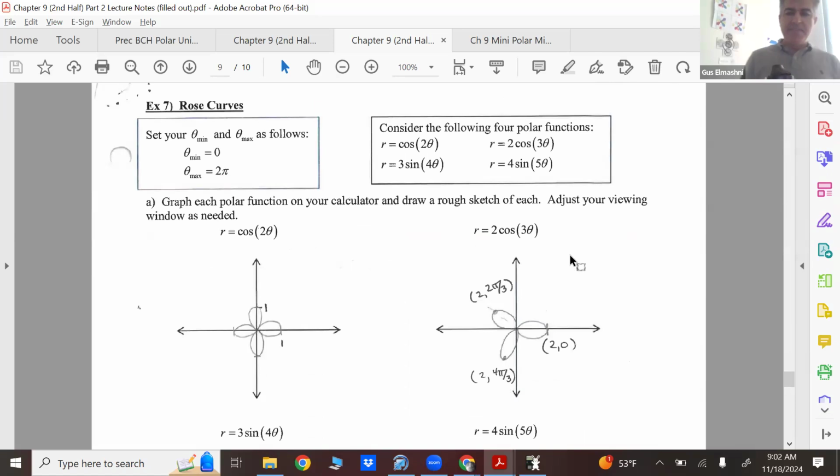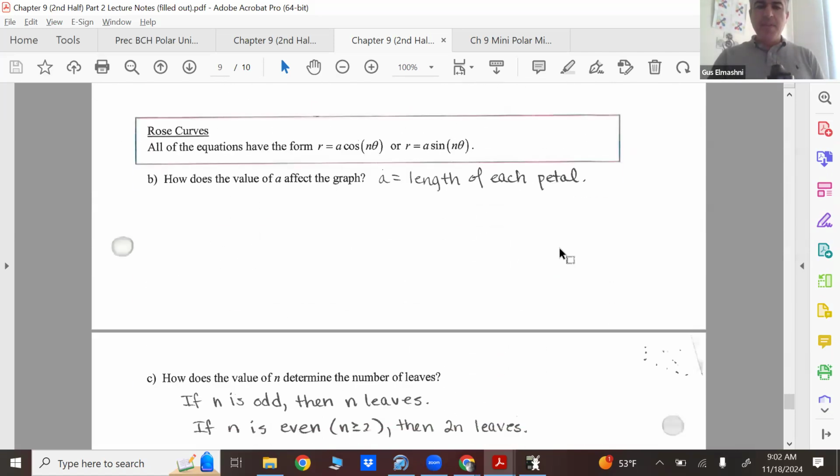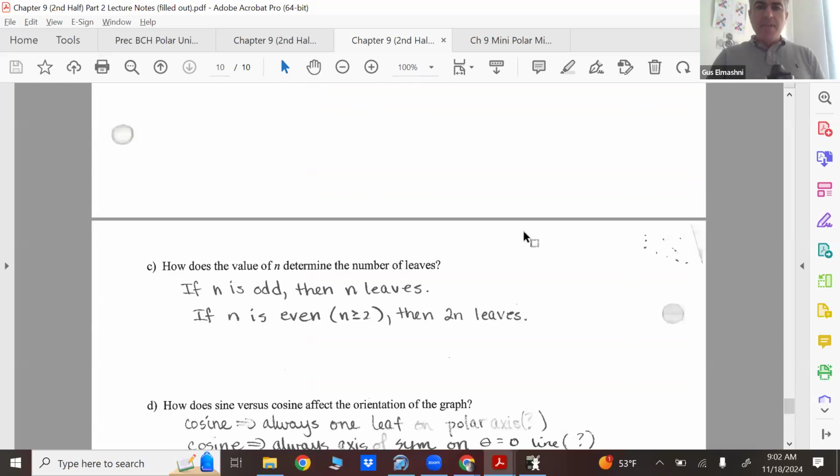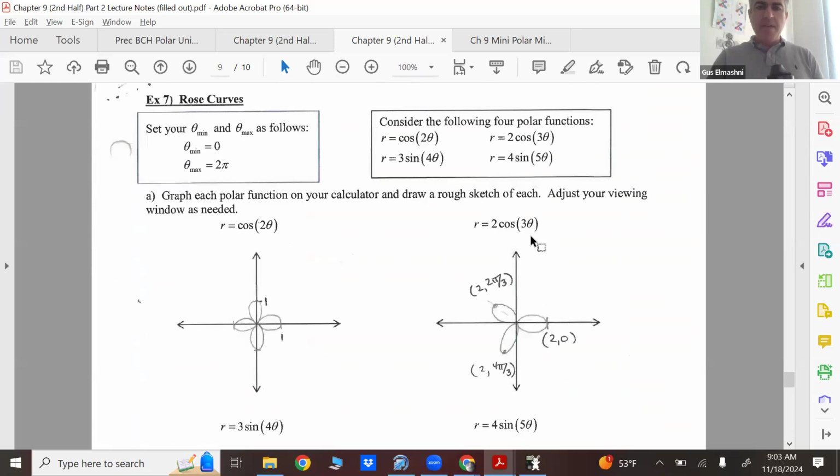Okay, rose curves. These are the fun ones, and they have a really cool pattern. So let's talk about this. Here's what's happening from an observation standpoint.